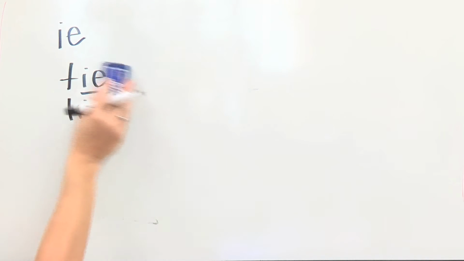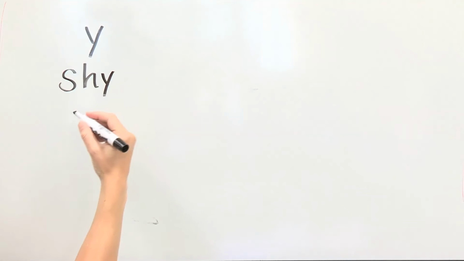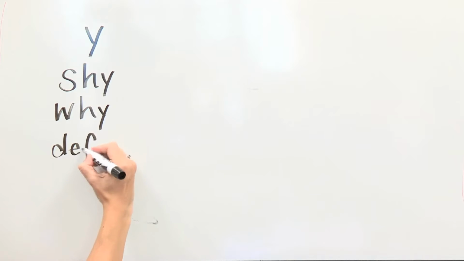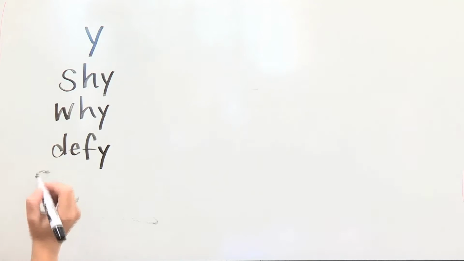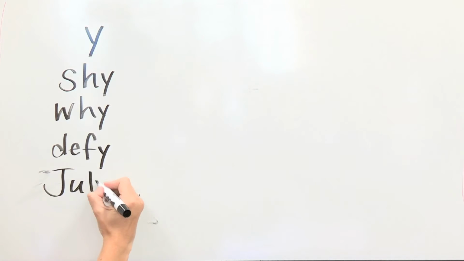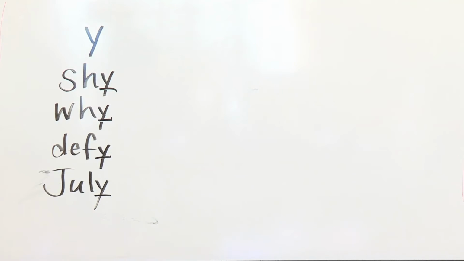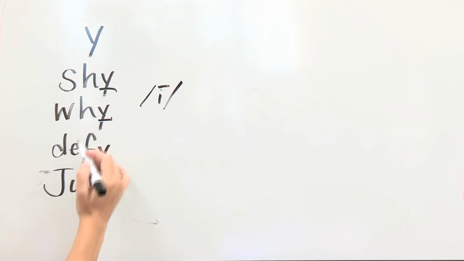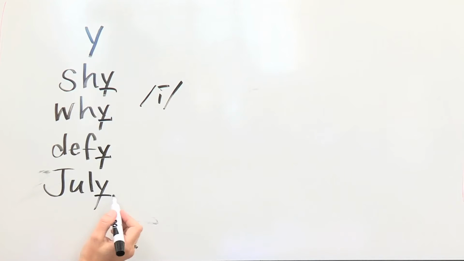And then plain old Y at the end. If you notice, they all end in the long I phoneme, but spelled Y. Defy, shy, July, they all end in the long I sound.